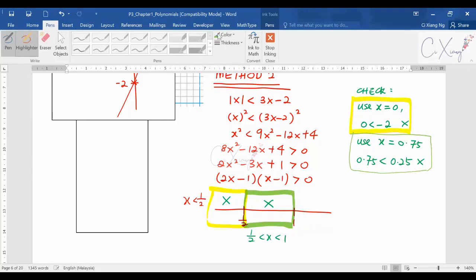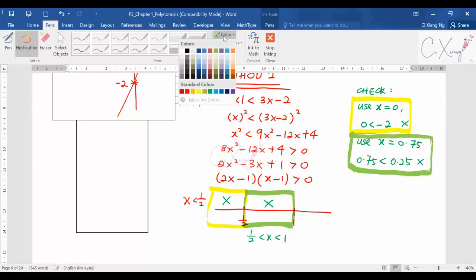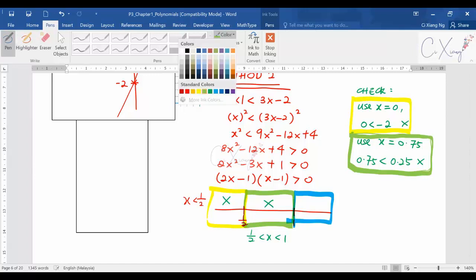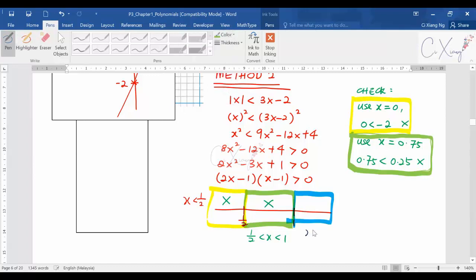Now we proceed to the third part, which is this one. When you write it up, it should be x greater than 1. To check, you can use any number which is more than 1, so maybe I can use 2.